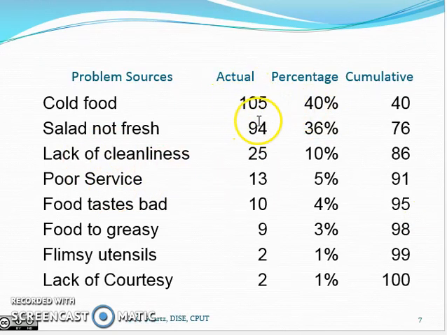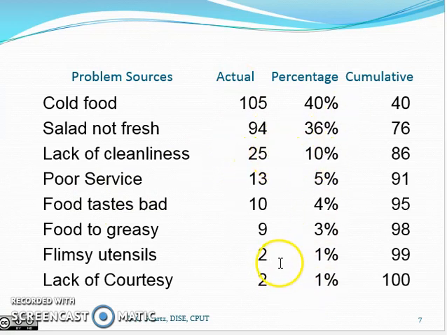So 105 divided by 260 times 100 gave me 40%. Now I've rounded this off because it's logical to work with rounded off figures. The 94 divided by 260 gave me 36%. The 25 gave me 10%, and so on.